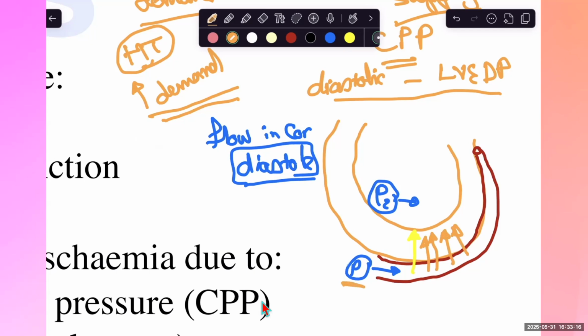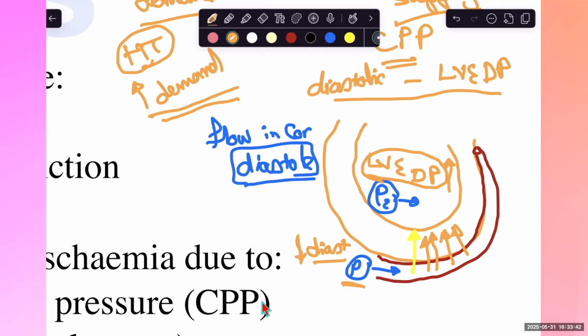This pressure is the diastolic blood pressure of the patient, and this pressure is the diastolic pressure inside the LV. So a patient who has high LV end-diastolic pressure, this one will be high, and usually, not all the time, sometimes the diastolic pressure is not increasing well.